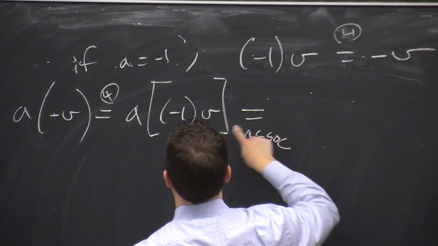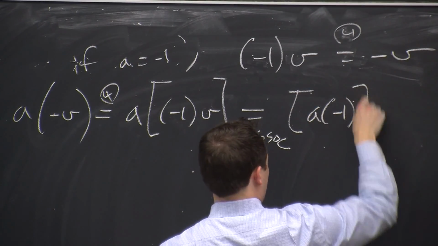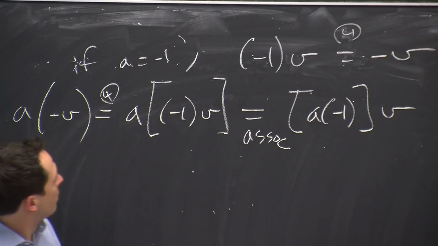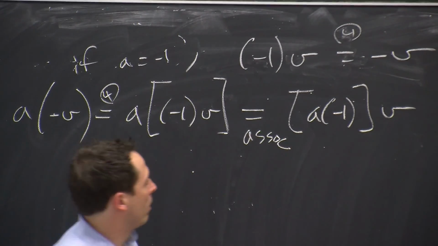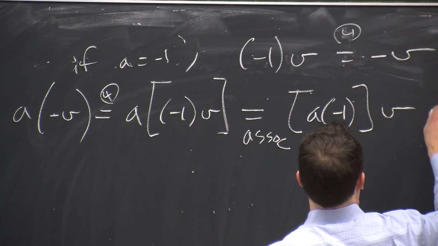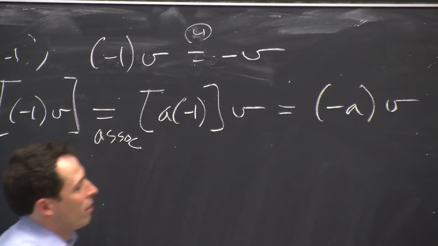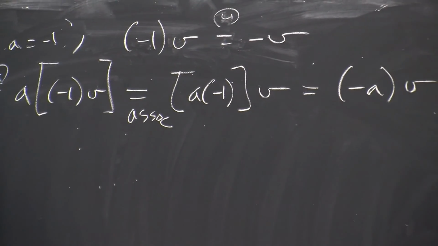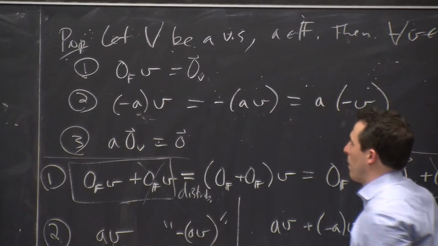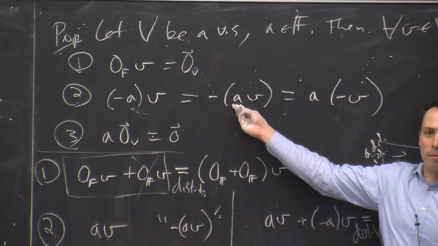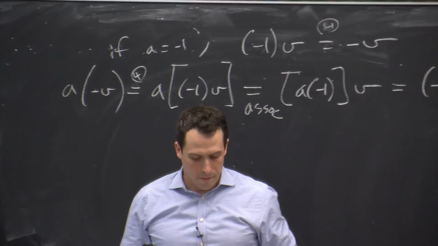By associativity, I can move this around. A times -1 applied to V. That says that I can either apply the field action twice, or I can multiply in the field and then apply the action. That's equal to -A of V. So that shows that this last thing is actually equal to the first thing, and then by this argument, that's equal to that. Okay.